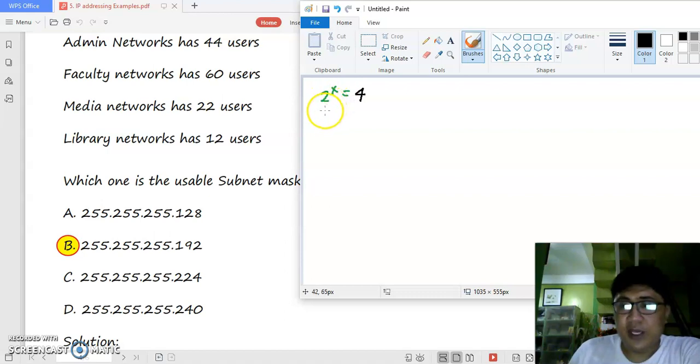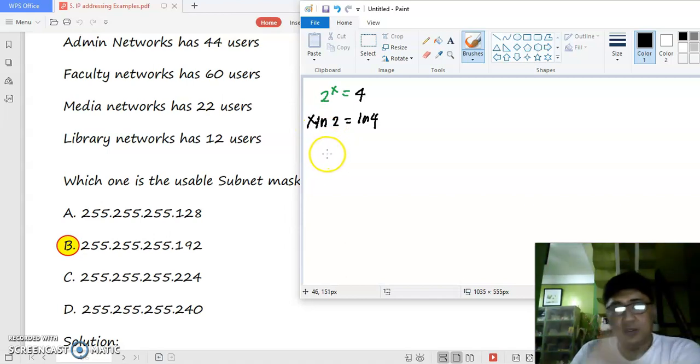To solve this one, if you have an exponential, the reverse of exponential is logarithmic. So you have ln, so transfer this as x, then you have 2 to the x equals 4, so ln of 4. Just put ln here, so you could transfer the exponent to multiply ln.